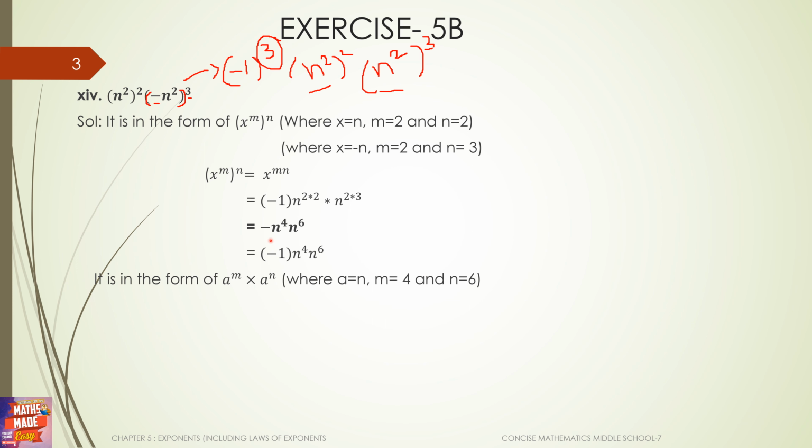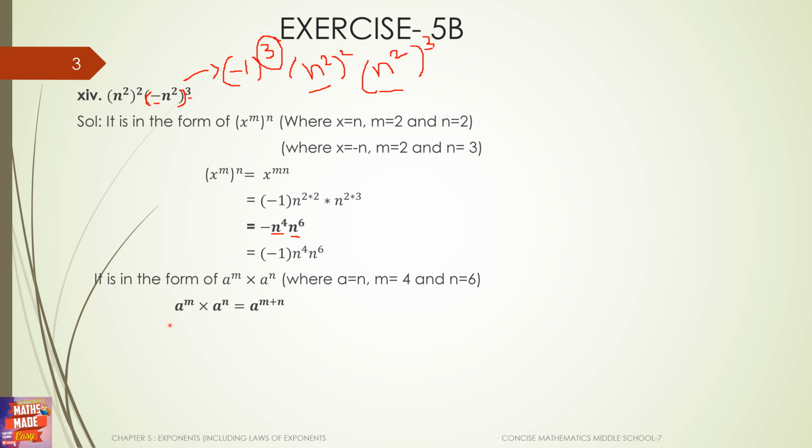Now, if you take this minus aside, then again you cannot apply the formula directly. You have to consider only this. The bases are equal, so you can apply the formula once again. That is a to the power of m into a to the power of n, where a is equal to n, m is equal to 4, and n is equal to 6.